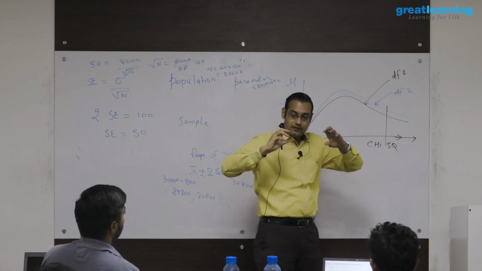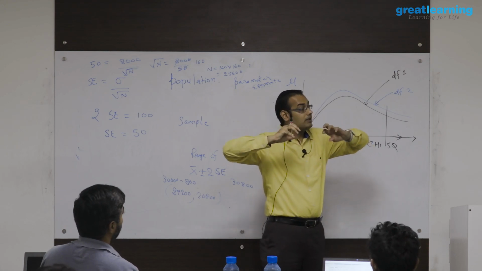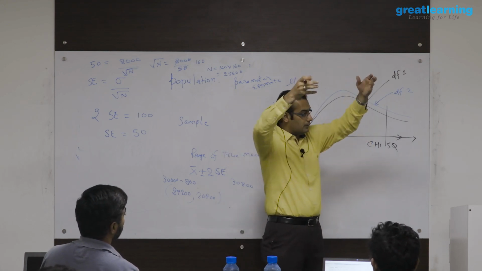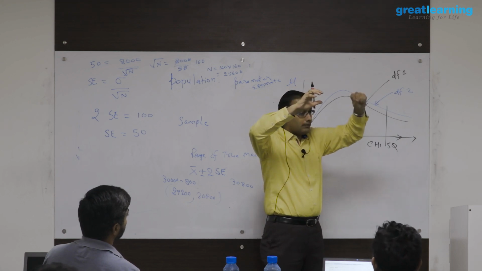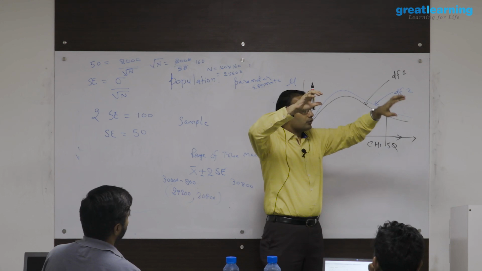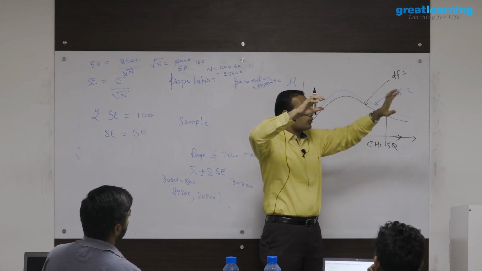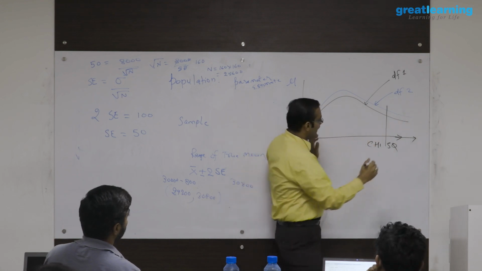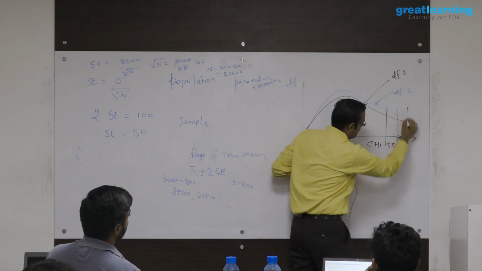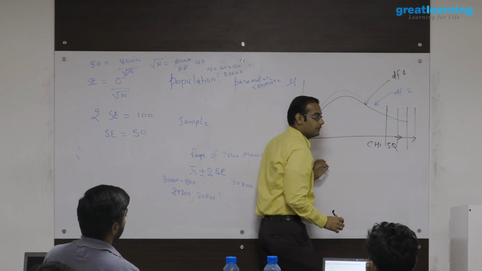As the difference in the observed and expected is becoming higher and higher, what it means is we should become more confident in rejecting the null hypothesis and accepting the alternate. As chi-square value goes higher, this line will keep moving up.